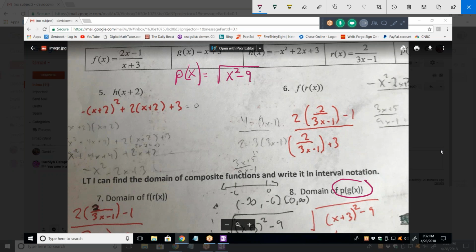Domain questions are almost always about what x cannot be, not so much what x can be, although ultimately that's what they're asking, but it's usually x cannot be something. In other words, if I take a normal polynomial, x can be anything. It's all real numbers is the domain. But that's not the case here. That quantity right there cannot be negative, right? So let's solve that.